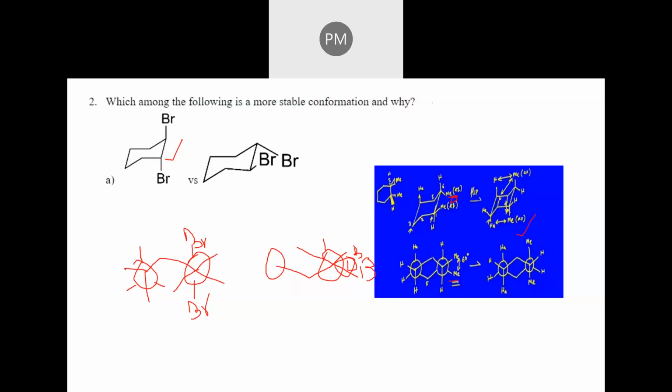So this will be our less stable conformation. We have to draw this Newman projection and tell that when the bromide is at a 60-degree angle, the bulkier bromide groups are sterically crowded. So this will be our least stable conformation, and when the bromide groups are far apart, in the axial position, that conformation will be more stable.